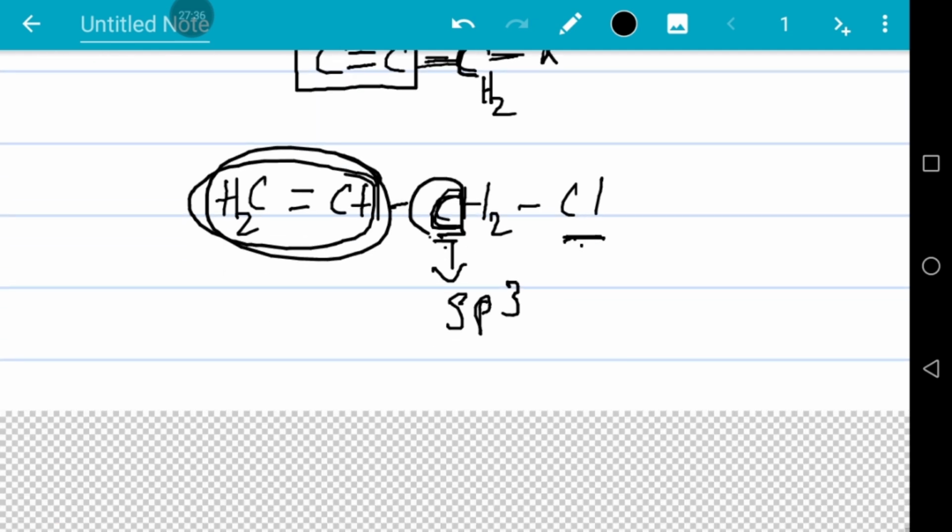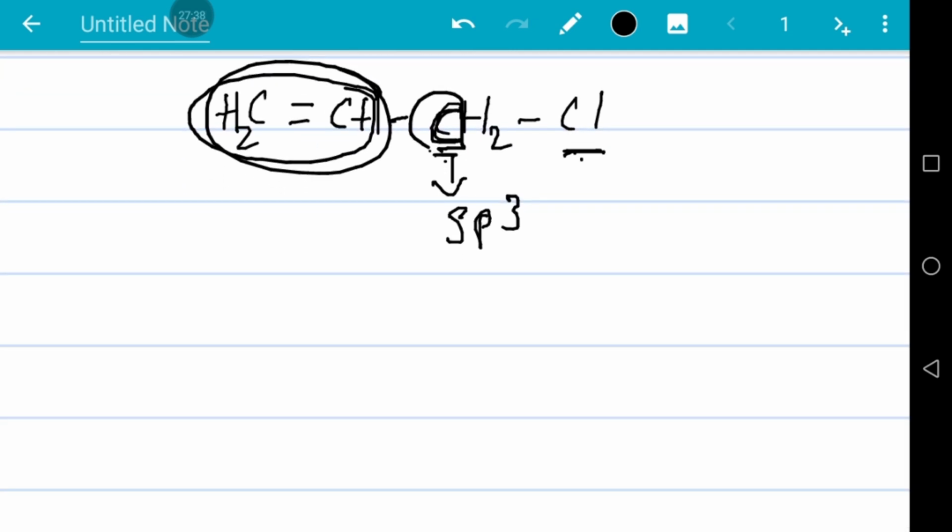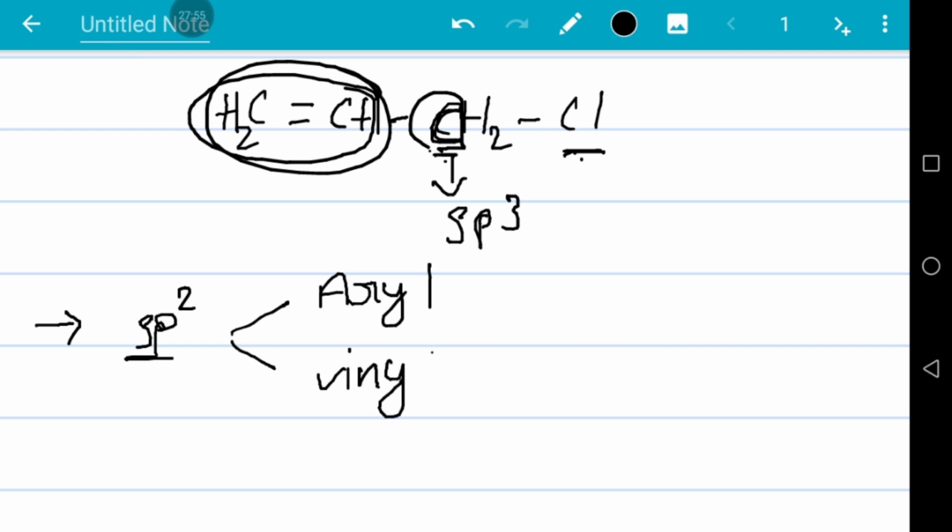So that is the sp3 hybridized completed. Now sp2 hybridized carbon, halogen attaching carbon is a sp2, then again classified into two types, that is the aryl halides and second one is the vinyl halides, aryl and vinyl.